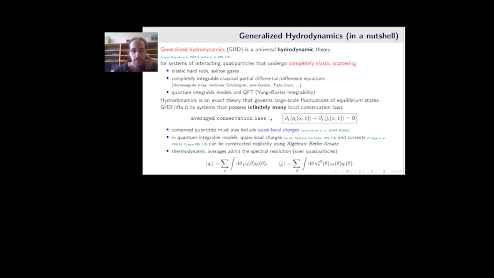So what generalized hydrodynamics does is just hydrodynamics, which means it's an exact theory that governs large-scale fluctuations of equilibrium states. But here it is adapted for the situation where there are infinitely many local conservation laws. Due to integrability, you will have a long list of local conservation laws, and for each one of them, you write a continuity equation, and then you average on equilibrium states.